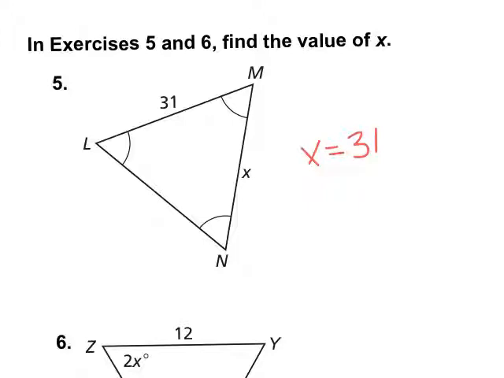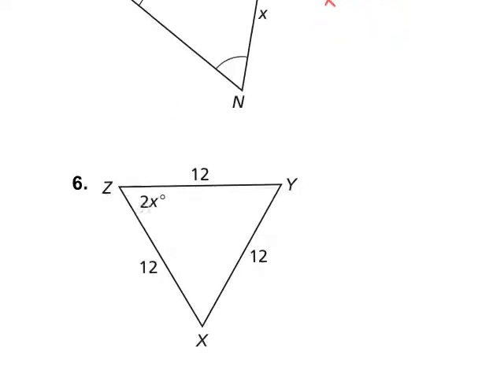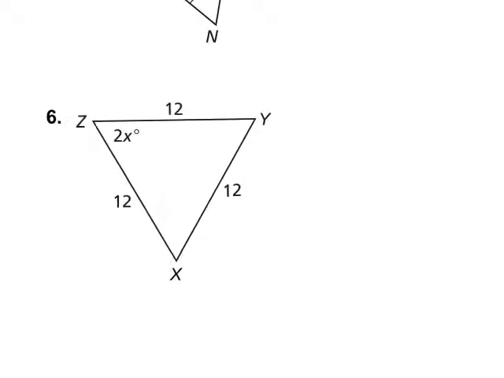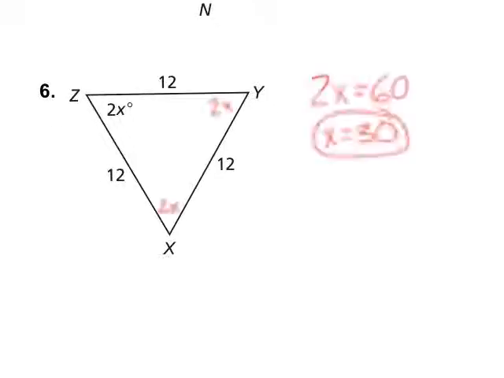Okay. Number 6. Each side labeled as 12 tells you it's what kind of triangle? Equilateral, which means each angle is 60, right? Because 60, 60, 60 adds up to 180. So that means 2x has to be equal to 60.